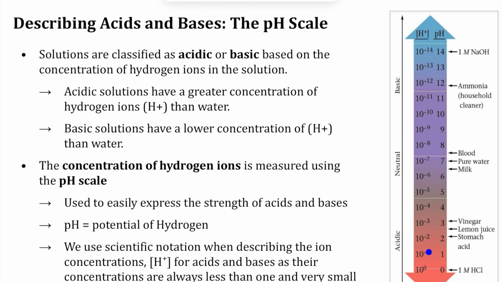But the positive value of that negative exponent is related to the pH. So if we have something with 10 to the negative 10, it's going to have a pH of around 10. It might be in the 9s, it might be in the 11s. And so we can see that relationship there.